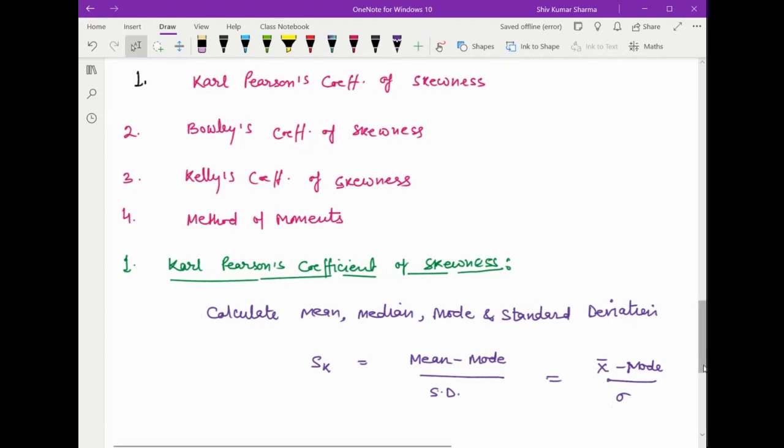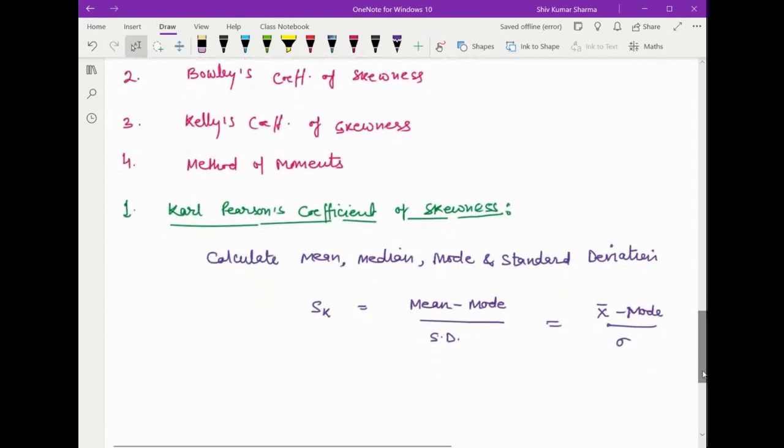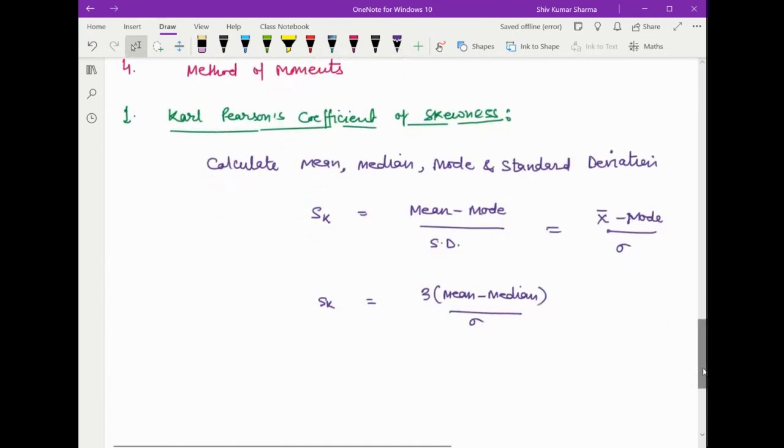This is used where the mode is not ill defined. And for the second method, where the mode is ill defined, we use the second formula: 3 times mean minus median upon standard deviation sigma. So we use only two methods for calculating Karl Pearson coefficient of skewness.